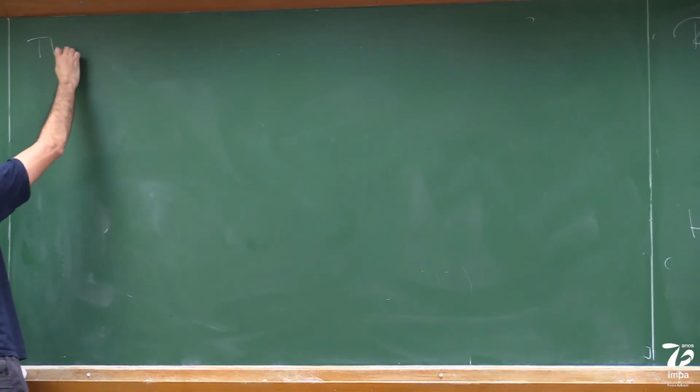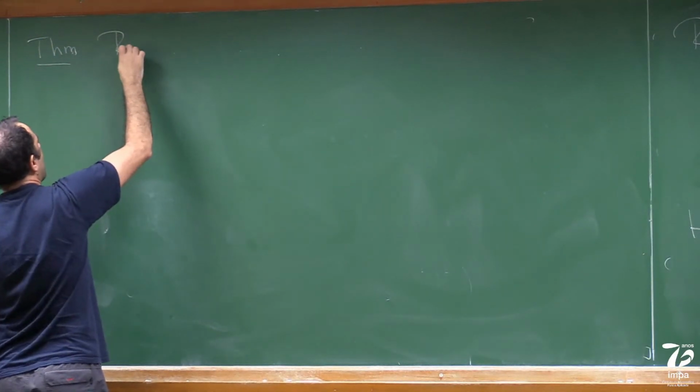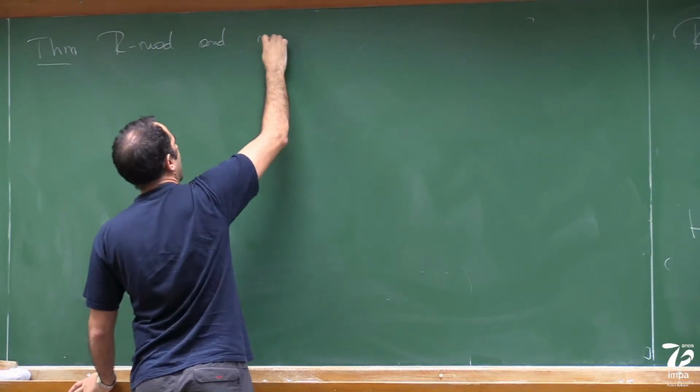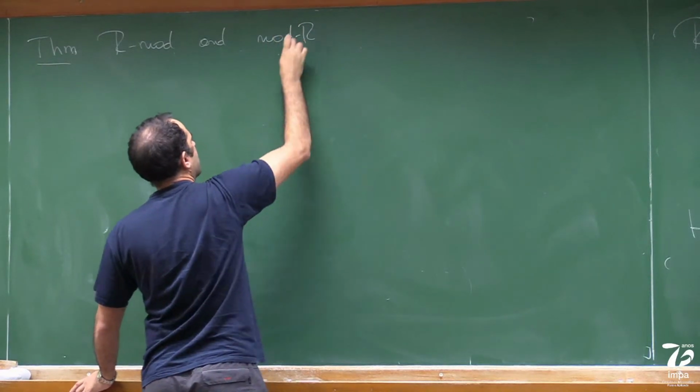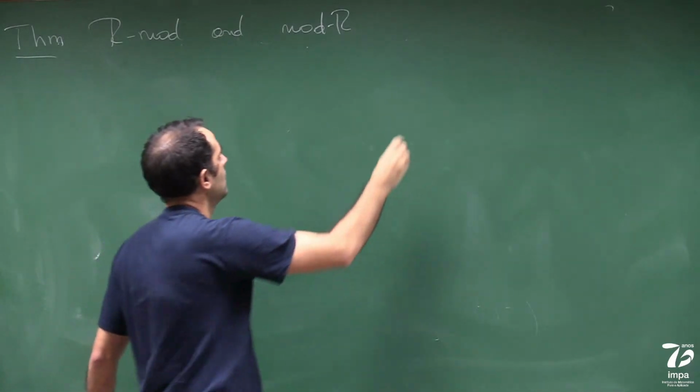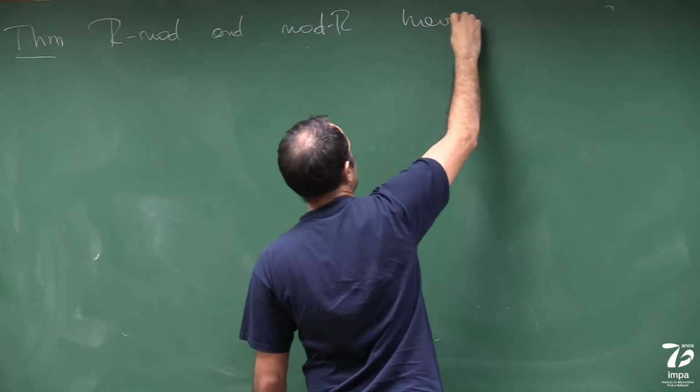So we've proven the following theorem. R-mod and mod-R have injective resolutions. We've proven it for this, but just take R with the opposite multiplication, and it's the same as this.